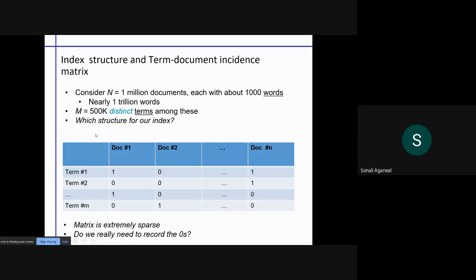Here you can see that we have to prepare the list of words as well as the list of documents, and we can see how these words and documents are related to each other, and that can be shown with the help of a matrix.